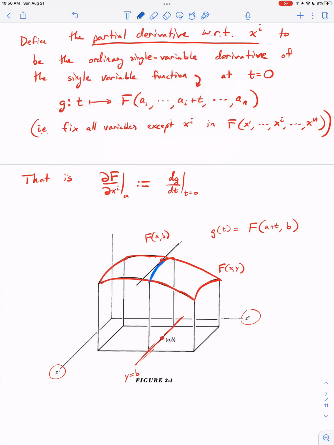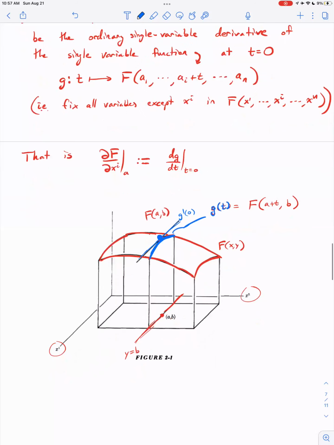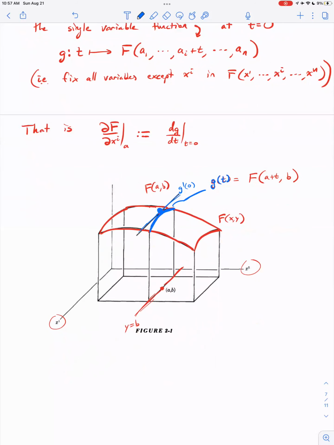This blue curve right here is the graph of g of t. When I take the ordinary derivative, I just get this number that represents the slope of this tangent line. G prime of 0 is the derivative right here. That's what I'm defining the partial derivative to be. You take these slices of the graph and see what the tangent looks like on that slice.